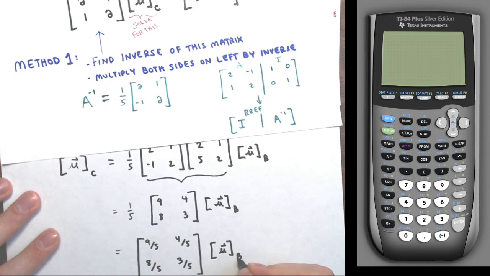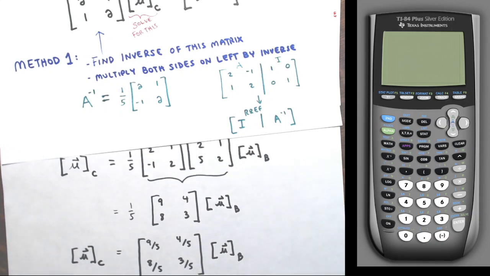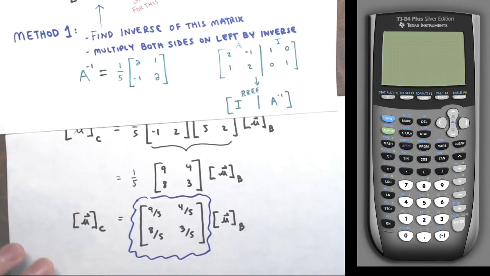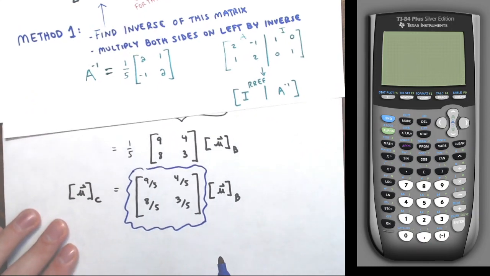This 2 by 2 matrix would be called the transition matrix or change of coordinates matrix, right?